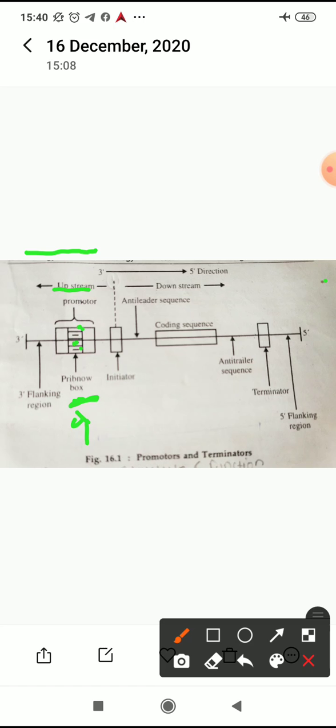But the rate of synthesis of RNA is controlled by the promoter. Initially, RNA polymerase is attached to the promoter. Then it moves along the operator or initiator region and ultimately reaches the coding region.